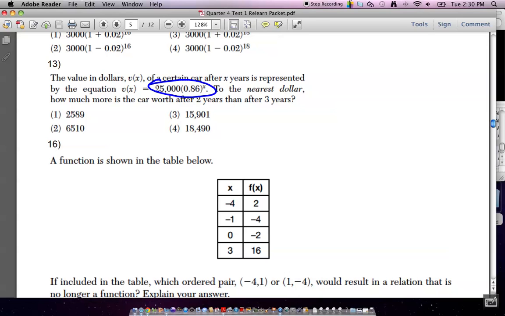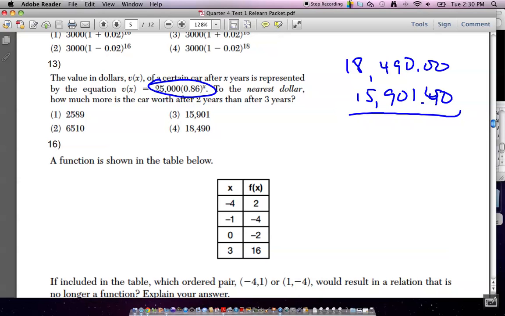Here's my question. The value after 3 years is 25,000 times 0.86 to the third. I'm going to do 2 years first this time. I get 8, oh my God, I don't have my glasses on. It's $18,490. That's what I get for not having my glasses on. The other one is 15,901.40, and now I subtract.